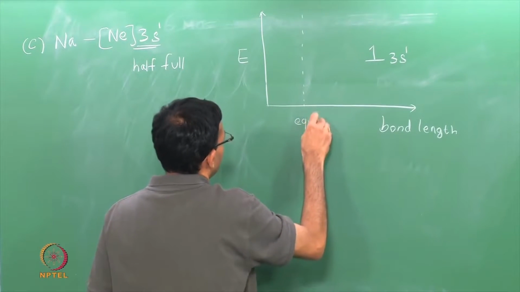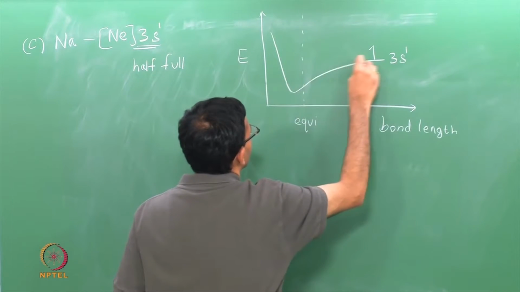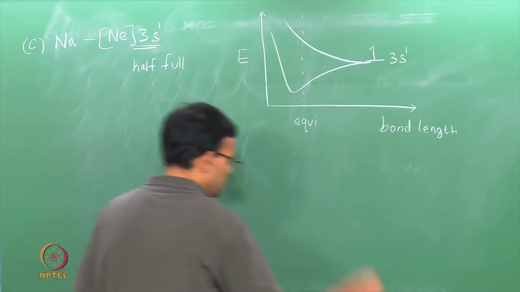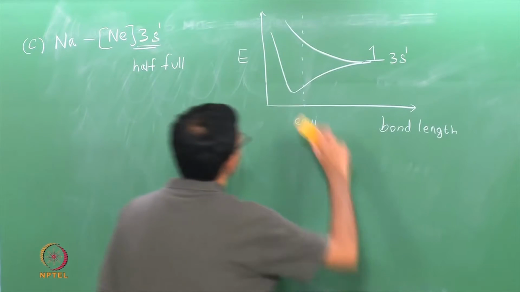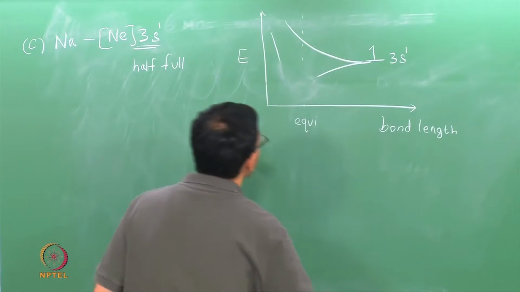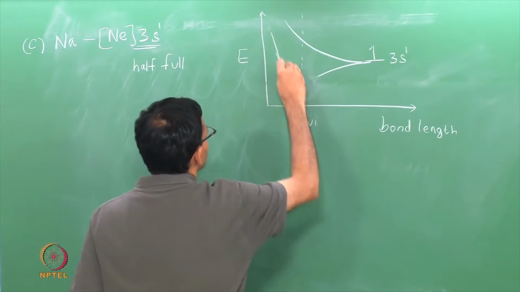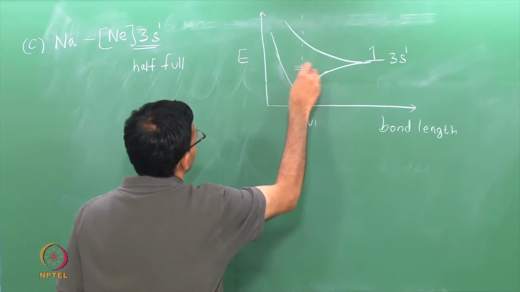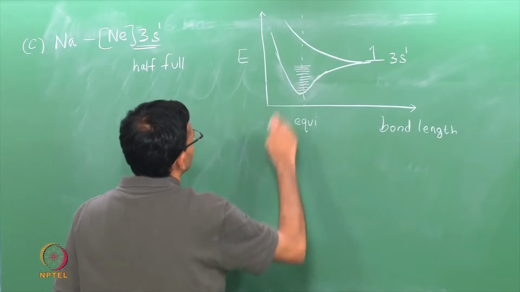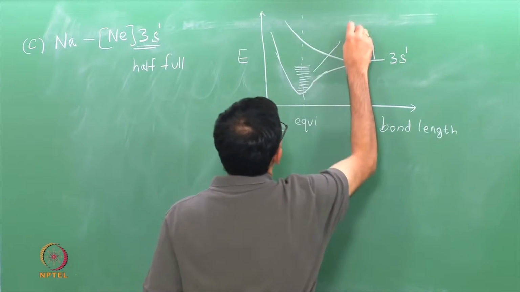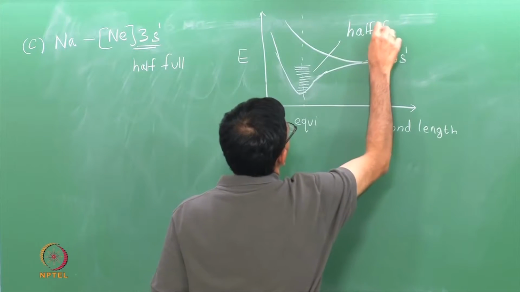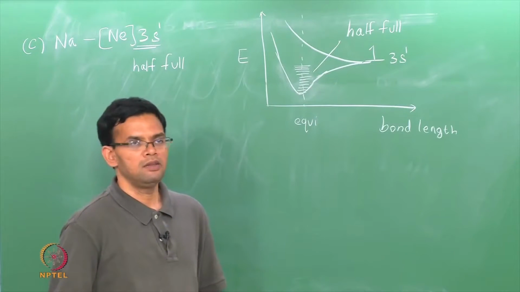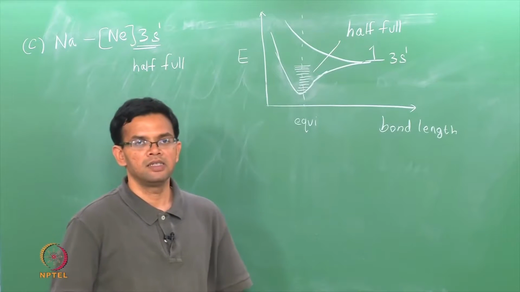There is your equilibrium distance, and when the atoms come together they form a band. Let me just slightly modify this. The atoms form a band, and the band is only half full. So, this makes sodium a metal because we have a band that is half full.